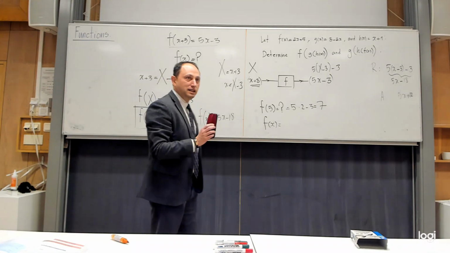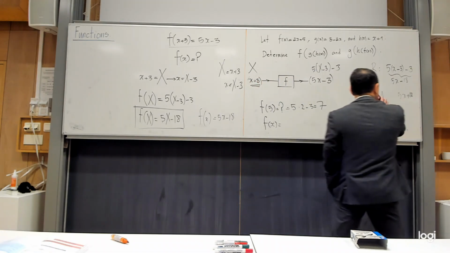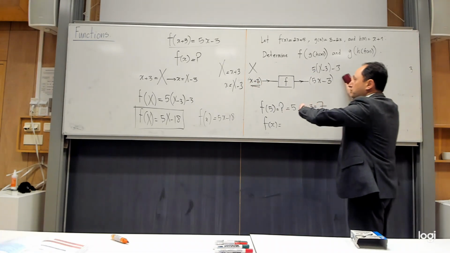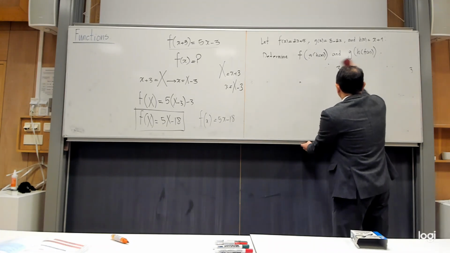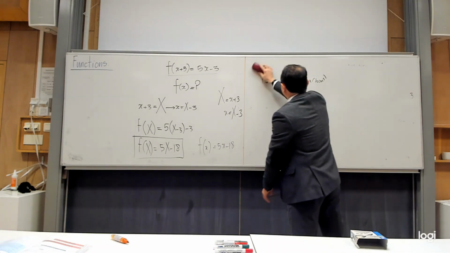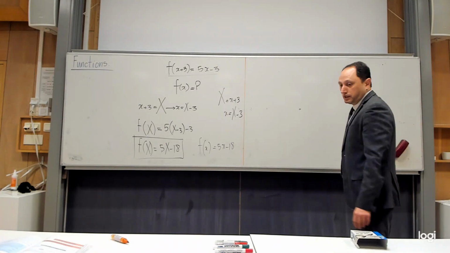Okay, let me make it a little bit harder. If you understand that one, I want you to answer this question, and that will be the last question, okay? Okay, so I will tell you this.